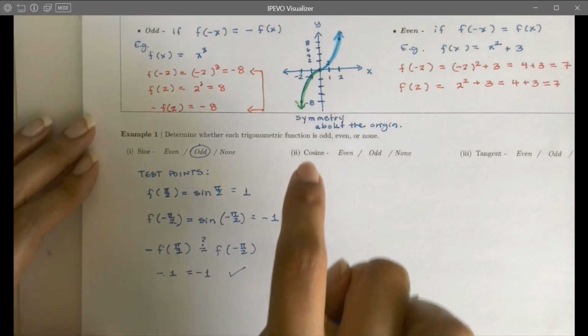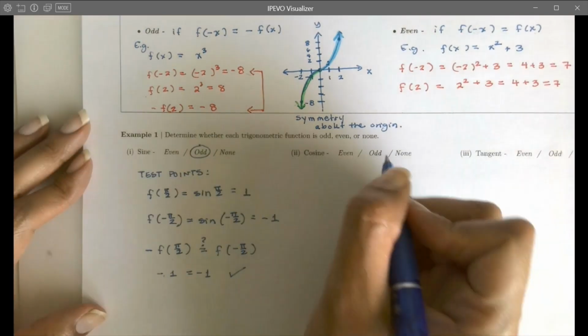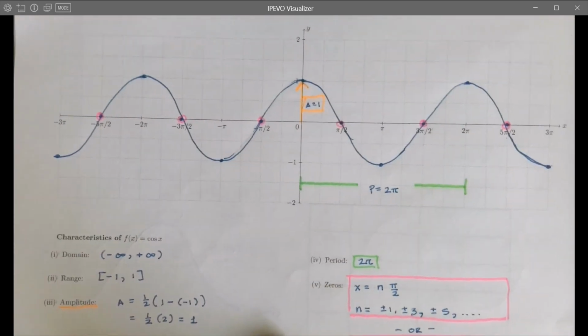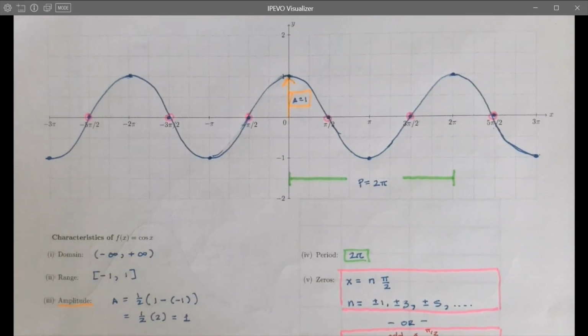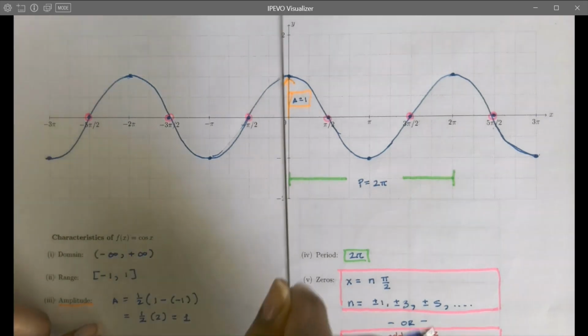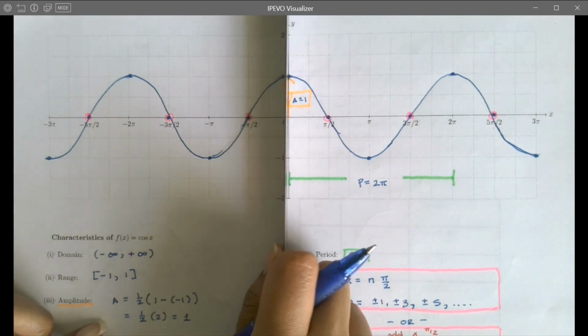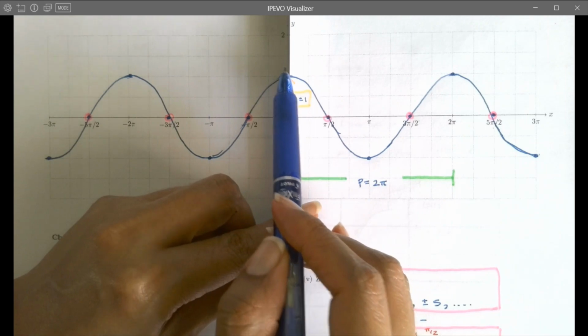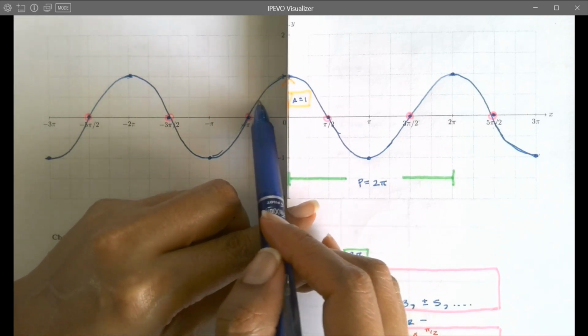Okay, what about cosine? Well, for cosine, if we look at the graph, we said the easiest symmetry to check for is symmetry about the y-axis. If we use the y-axis as a mirror, is it true that the right-hand side of the graph reflects across into the left-hand side?